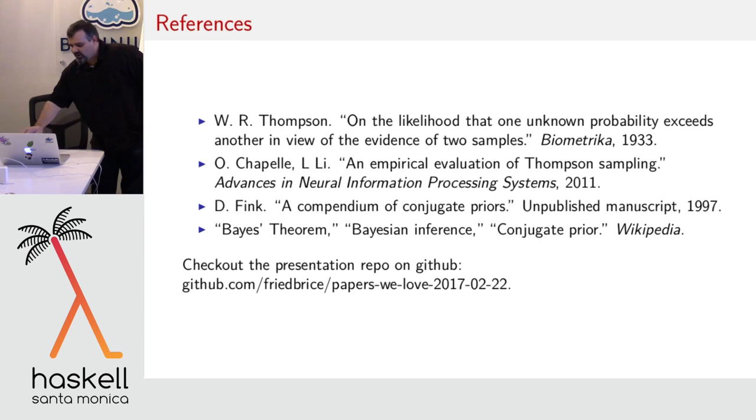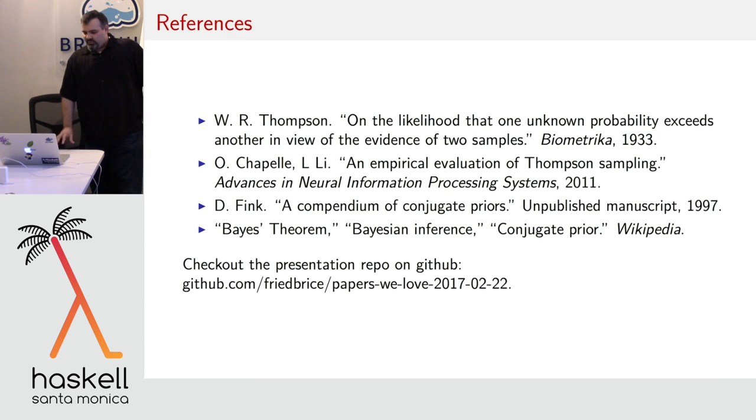So here are some references that you can look at. Of course, Wikipedia is a very big reference. Compendium of conjugate priors, if you want to do any kind of statistical machine learning, this is a convenient source. It's not peer-reviewed though, so I can't vouch for whether or not it's 100% accurate, but it is a nice starting point.